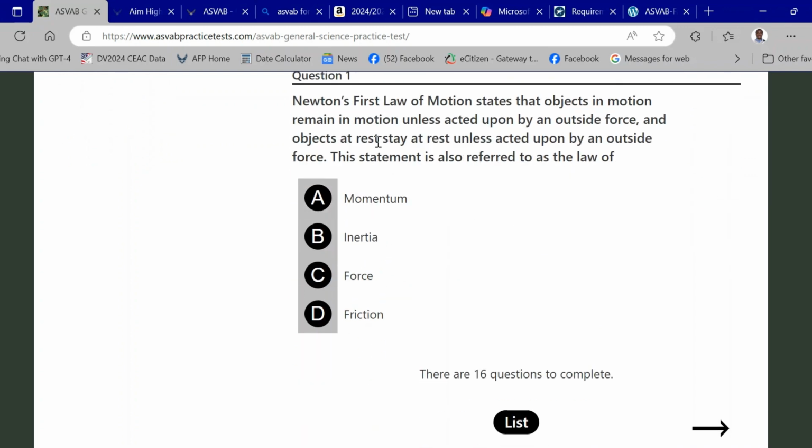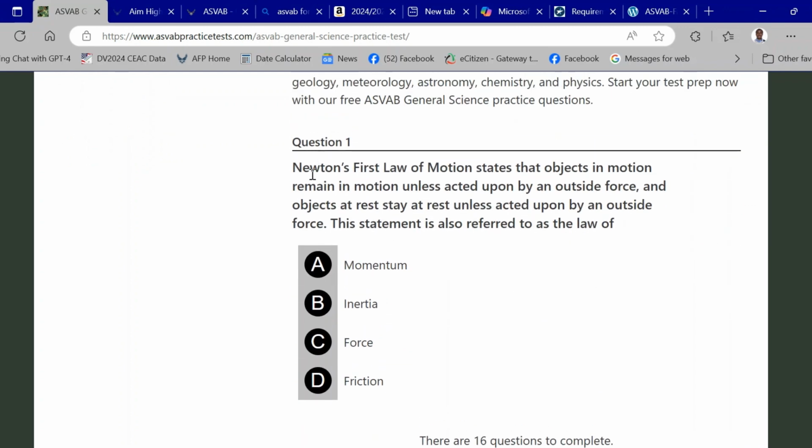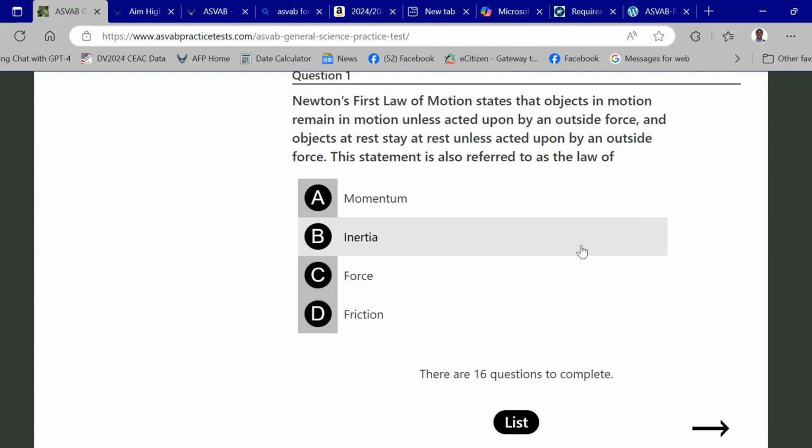Practice test, and then question 1, for example, you'll find this: Newton's first law of motion states that objects in motion remain in motion unless acted upon by an outside force, and objects at rest stay at rest unless acted upon by an outside force. This statement is also referred to as the law of inertia.